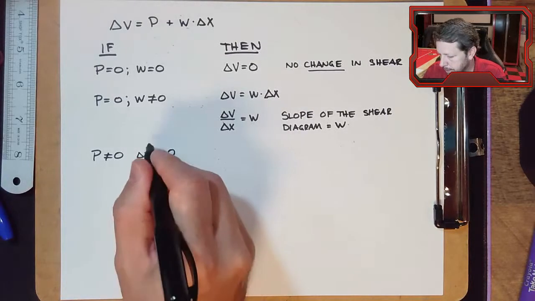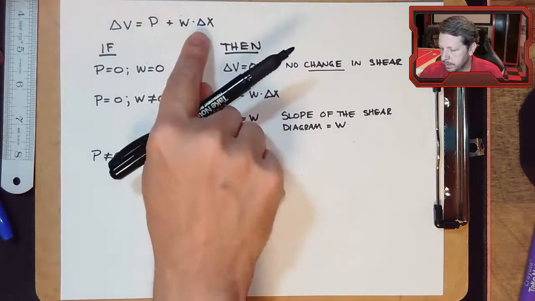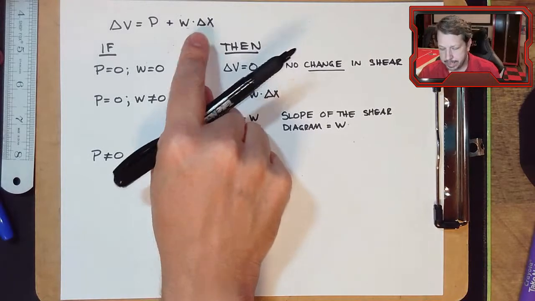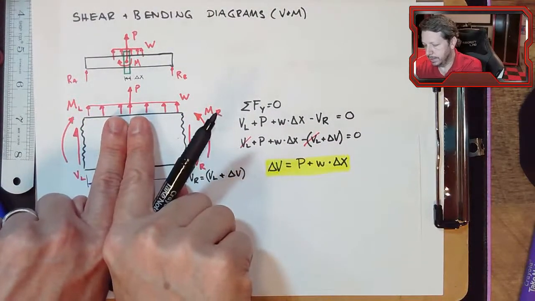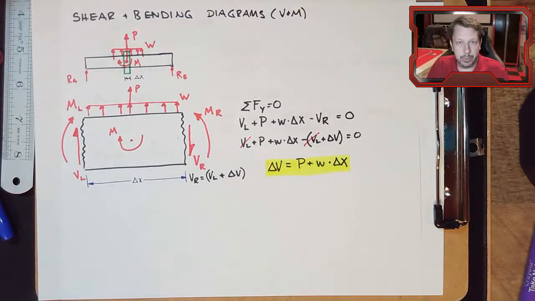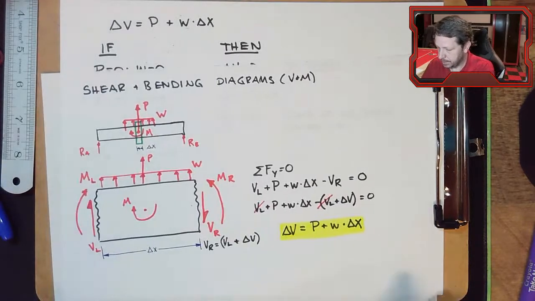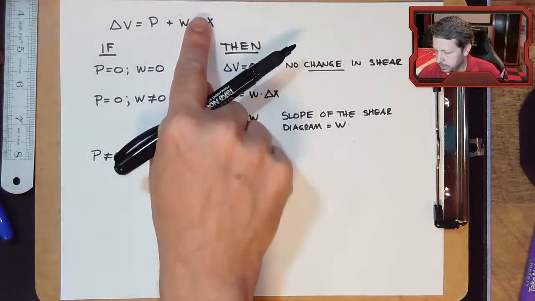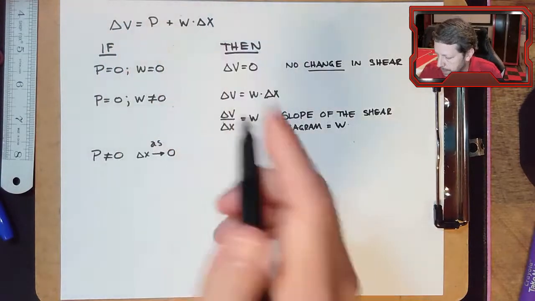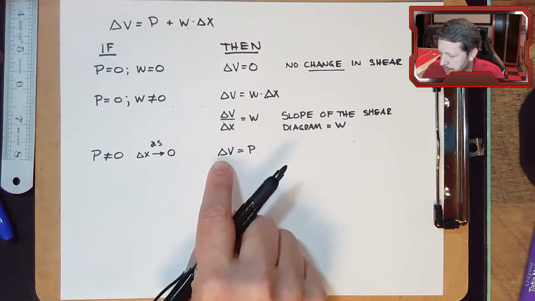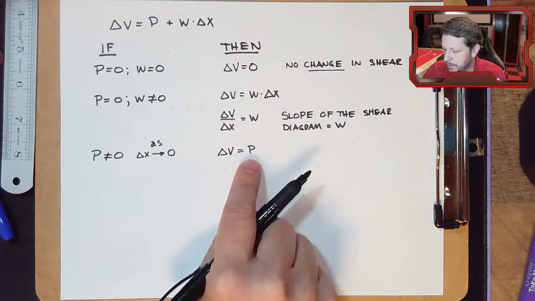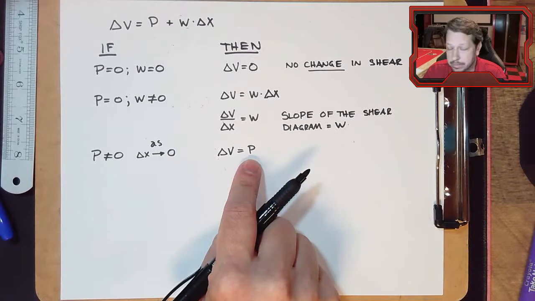As we narrow in, we narrow in until we can only see the point where that point load is applied. Then this goes to 0, and delta V equals P. So the change in shear is equal to the magnitude of that point load.